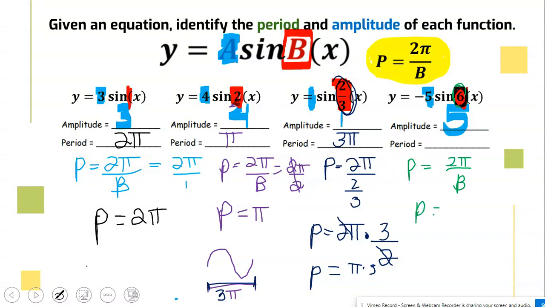So we get to substitute in, this is 2 pi over 6. Pi's don't cancel, but 2 over 6 reduces to 1 over 3. So our period is pi over 3. Again, when we go from where we start our sine function to where we end it, all we're saying is the period, that horizontal distance, is pi over 3 units.